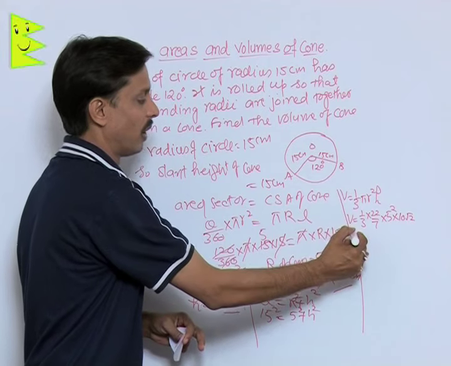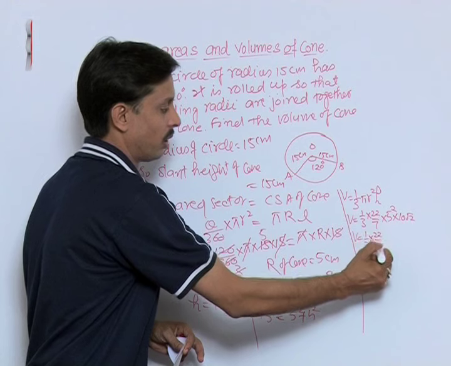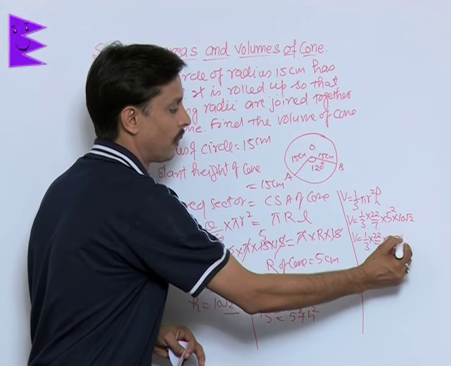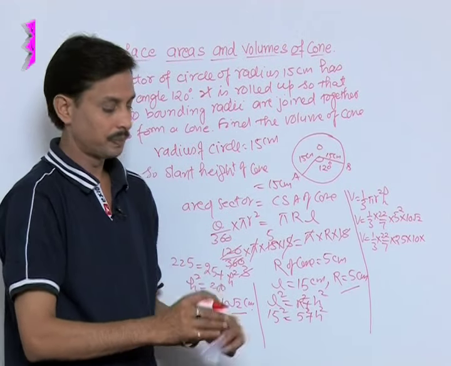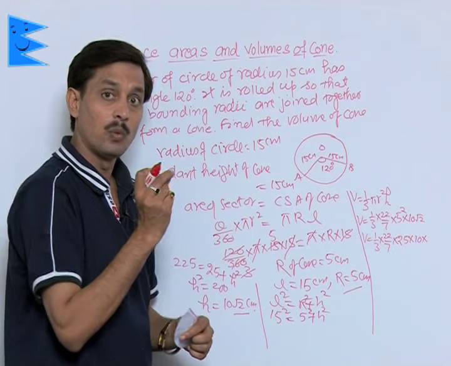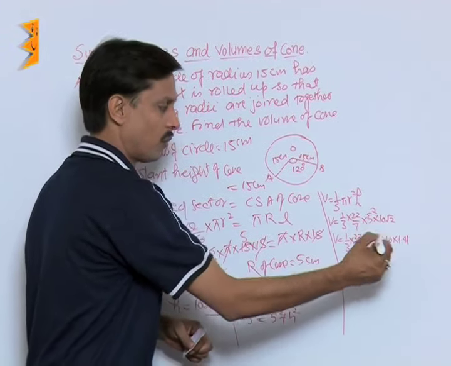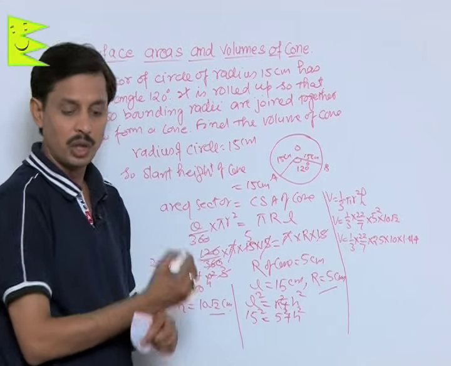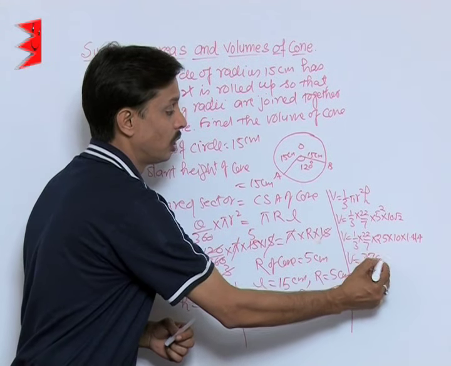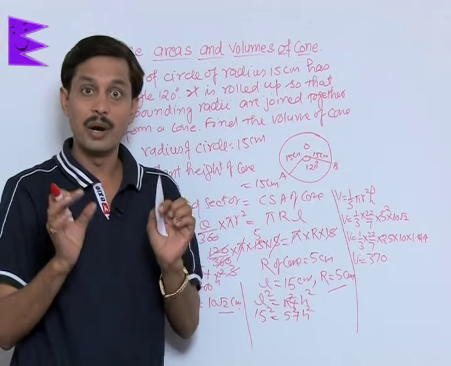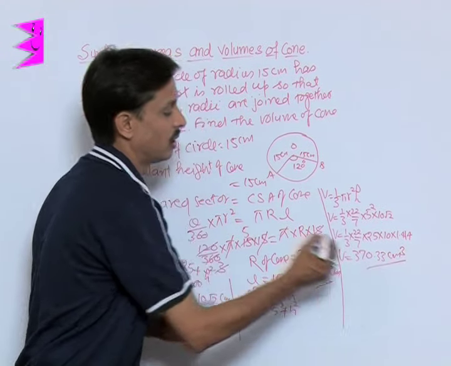So after putting the values, the volume becomes 1 by 3 into 22 by 7 into 25 into 10 into, in place of root 2 we can write 1.414, if you want to take it for 3 places. After simplifying, this value of volume becomes 370, 370 is the complete and then 0.33 centimeter cube.